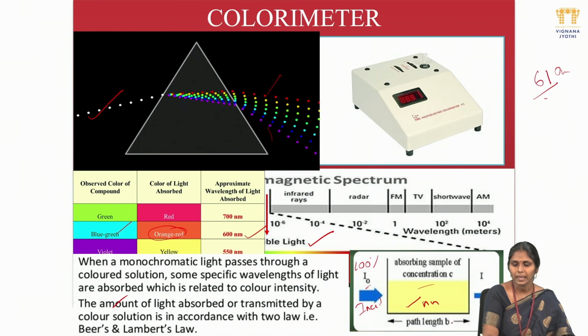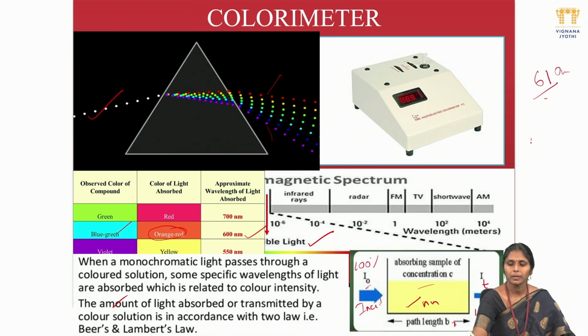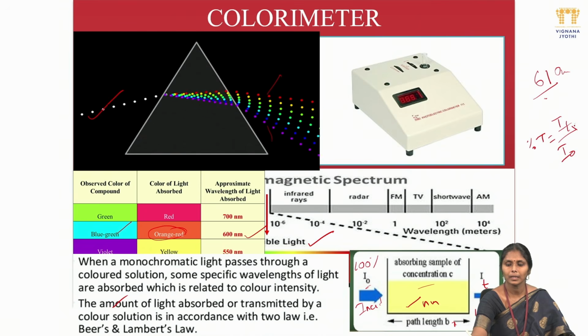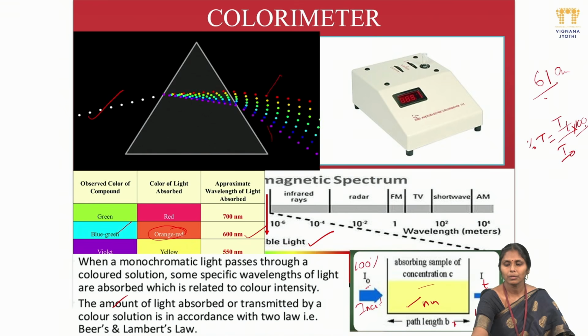Some amount of light is absorbed and the remaining light is transmitted: 100 minus x is the transmitted light, IT. How can we find the percentage of transmittance? The percentage of transmittance is equal to the transmitted light divided by the incident light I naught, into 100. So percentage of transmittance is IT divided by I naught into 100.